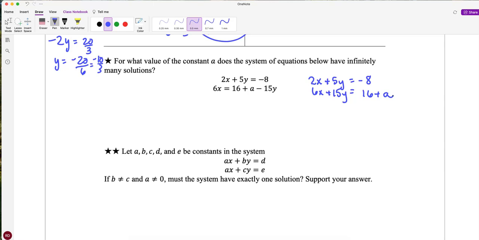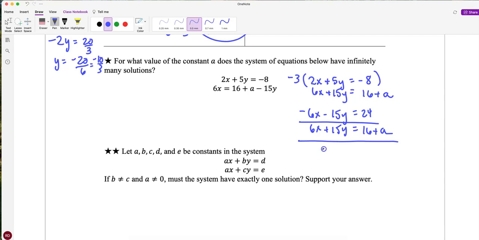I can try to do the elimination here. I can multiply the top one by negative 3. So let's try that. If I multiply this by negative 3, then you get negative 6x minus 15y equals 24. And the bottom equation, 6x plus 15y equals 16 plus a.